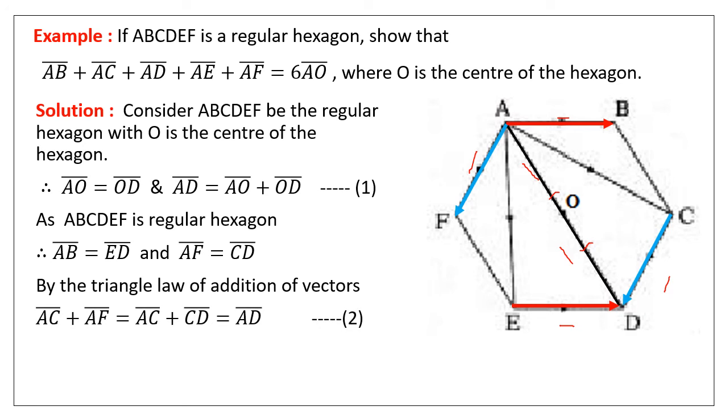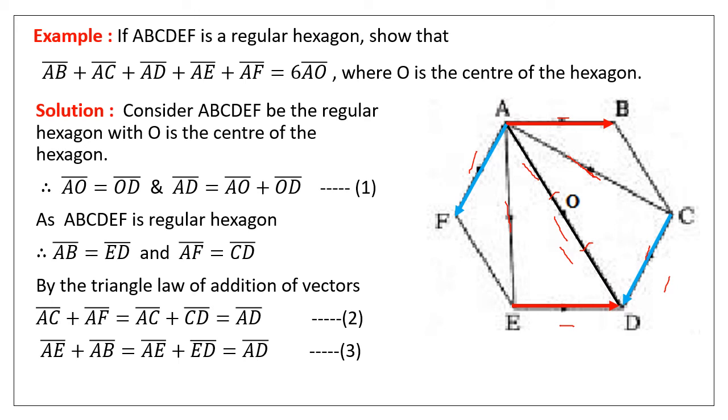So by using the triangle law of addition of vectors, we have AC bar plus AF bar equals AC bar plus CD bar, which is nothing but AD bar. Call it 2.